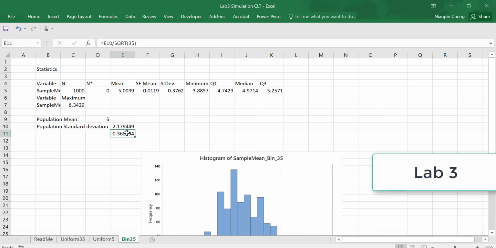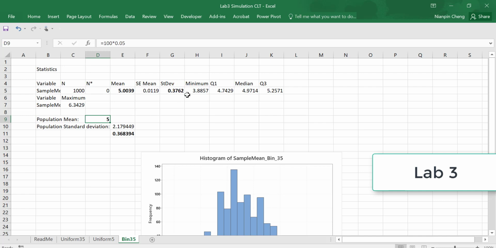See, this one and this one are quite close, right? So it's like a verification. The sample means' mean equals the population mean.